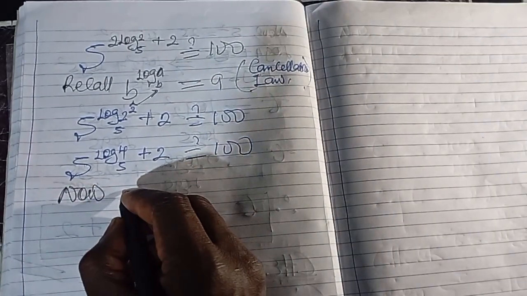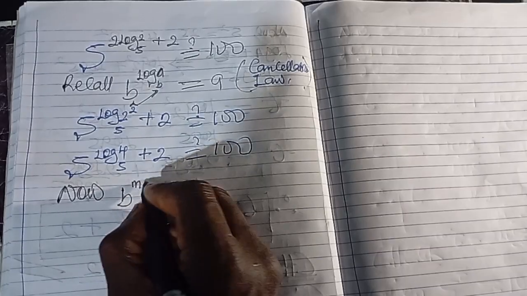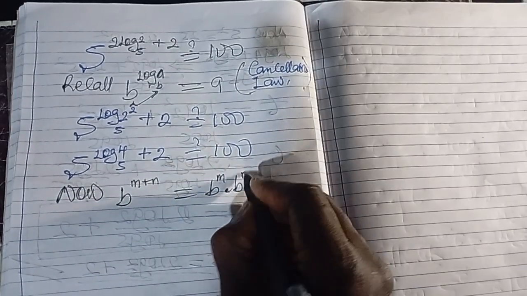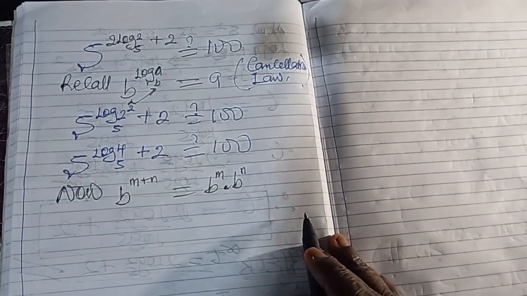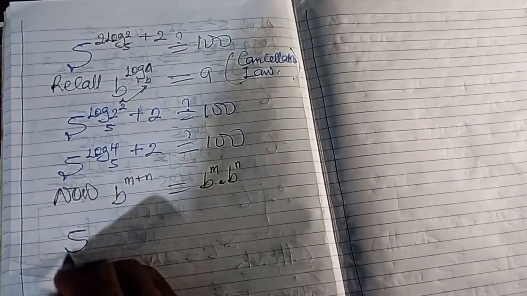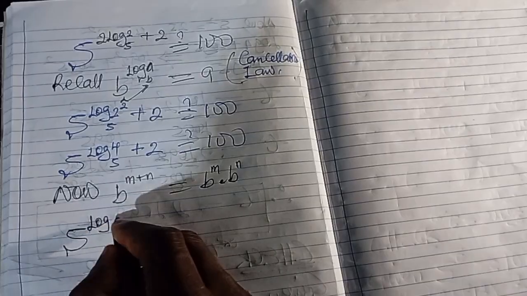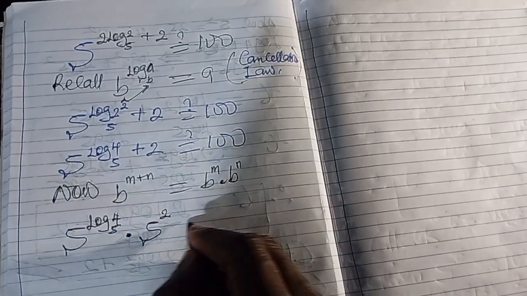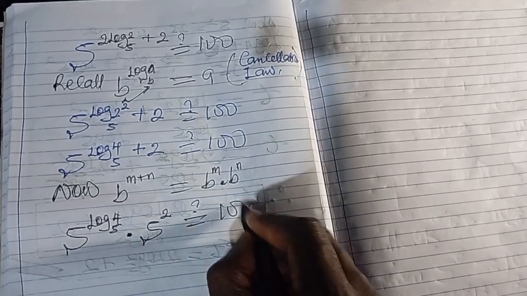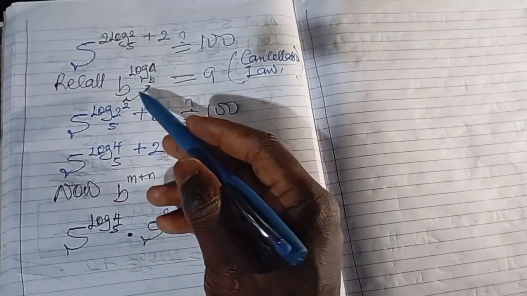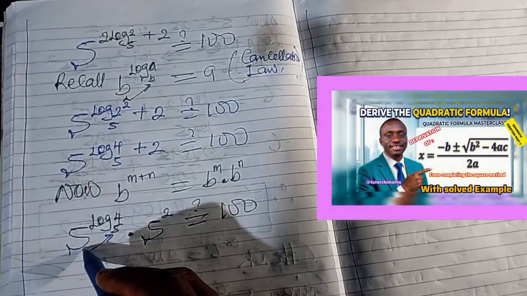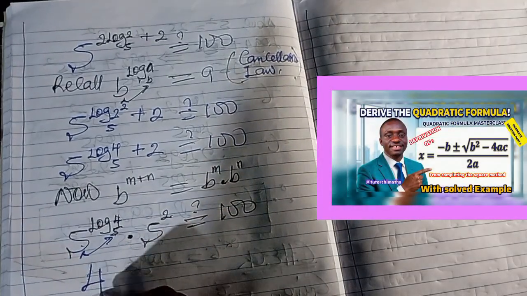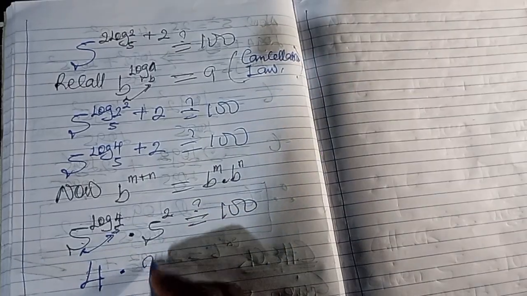Now b raised to power m plus n is the same as b raised to power m multiplied by b raised to power n. Let's apply it here also. So we can have 5 raised to power log 4 base 5 multiplied by 5 raised to power 2. Will it give us 100? From this law, you notice that both the base and the base of the logarithm are the same. So we have 4 multiplied by 5 raised to power 2, which is 25.